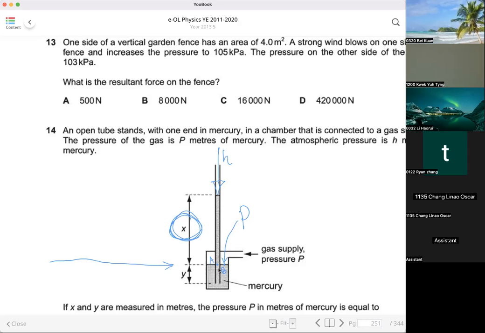Okay, so you know that at A is equal to X plus H. Then B is P. And A and B are on the same height, so they have the same amount of pressure. So can you conclude what is the pressure of P? Okay, Bei Kwan, can you conclude what's the pressure of P now?